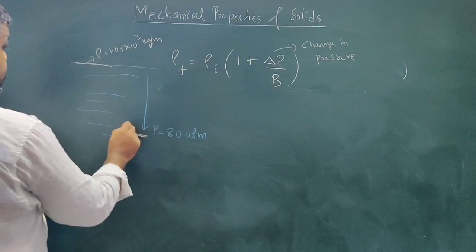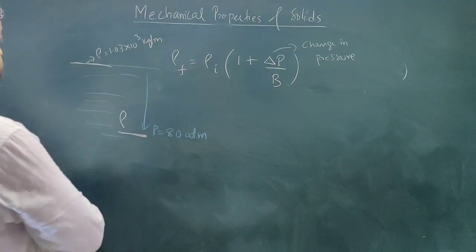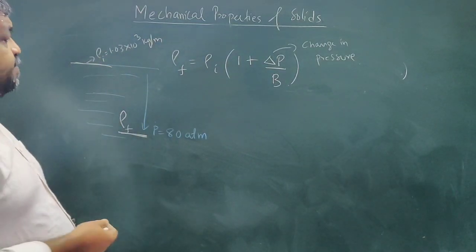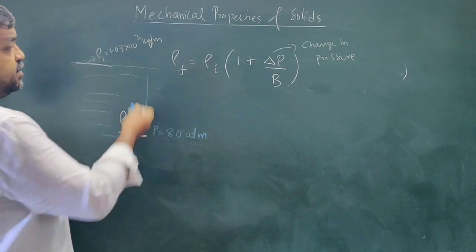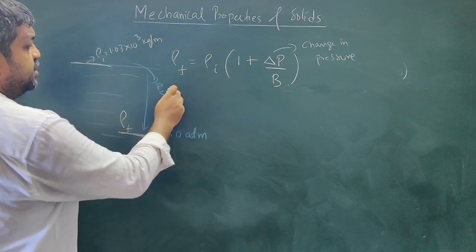So what is the density at this depth where the pressure is 80 atmosphere? Suppose this is the initial density and this is the final density. Now the pressure at the surface, we know, is 1 atmosphere.